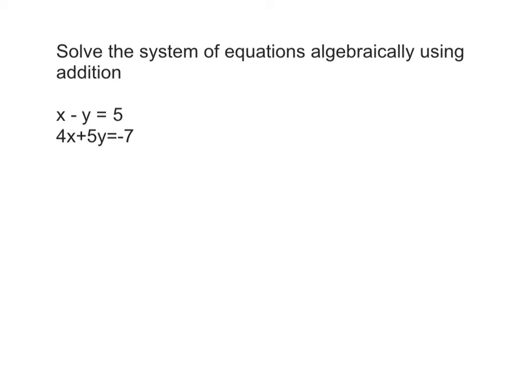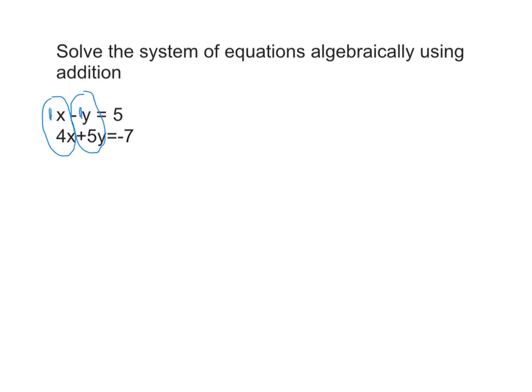And the first thing to notice is the x terms: we have a coefficient of 1 and 4 for the x, whereas for the y's, we have a -1 and a +5. Since both of the coefficients in the first equation are 1s, they're both equally good to work with.